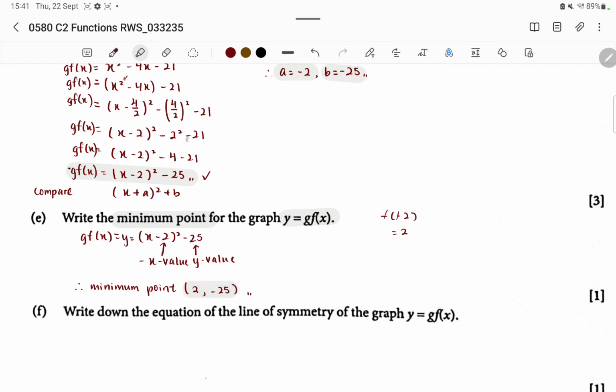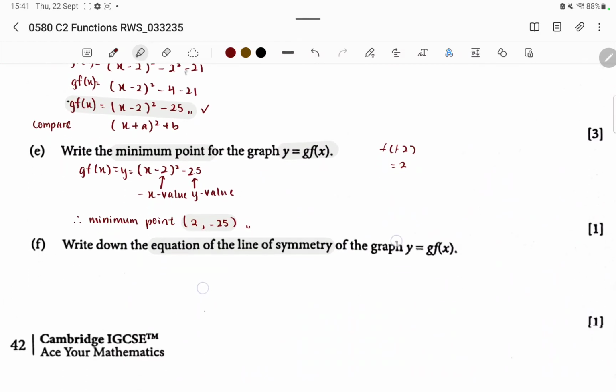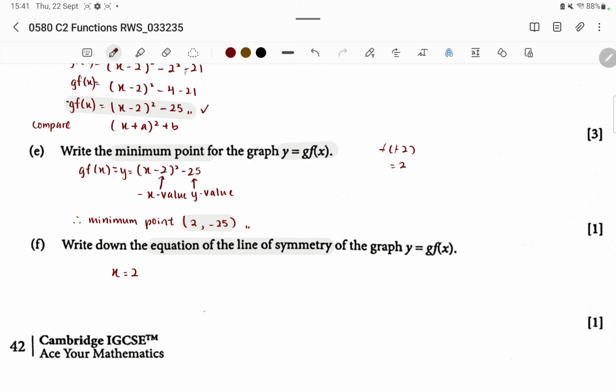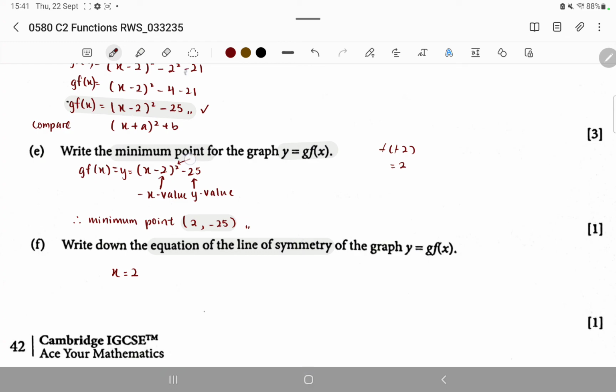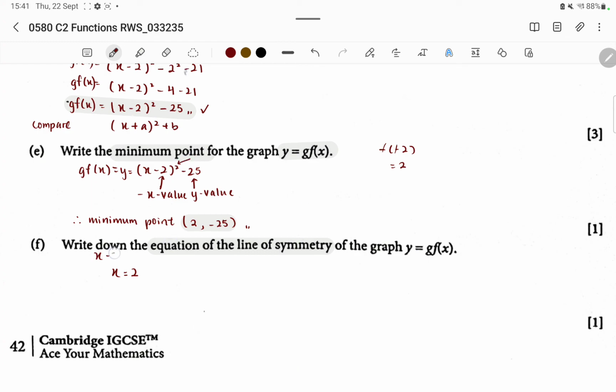Write down the equation of the line of symmetry for the graph. You can just write the x value, x equals 2, or you can derive from this part. x minus 2 equals 0, and when you move negative 2 to the other side, you will get x equals 2.